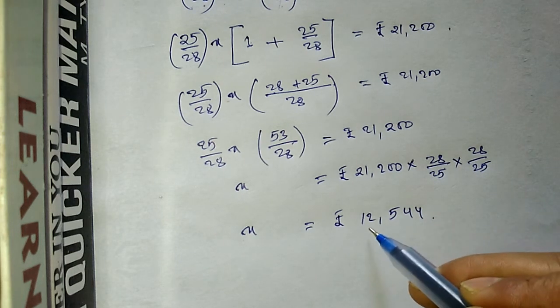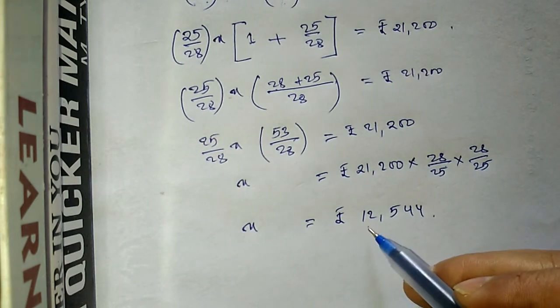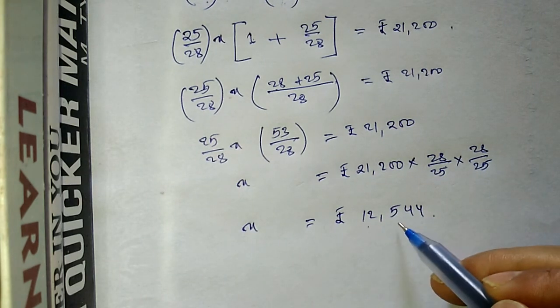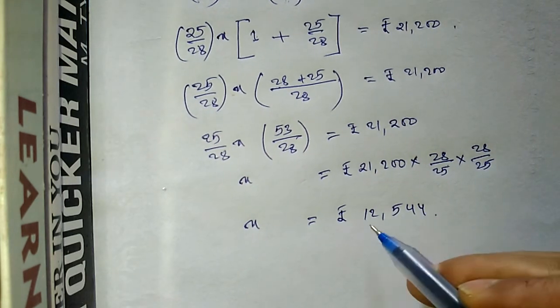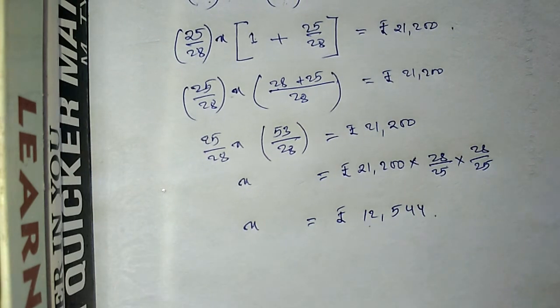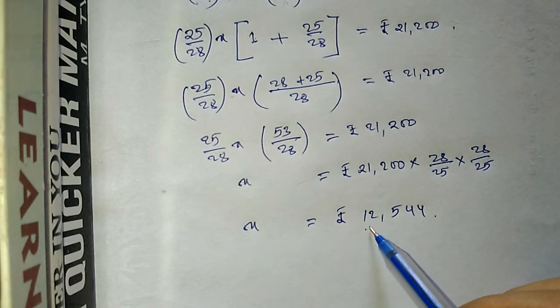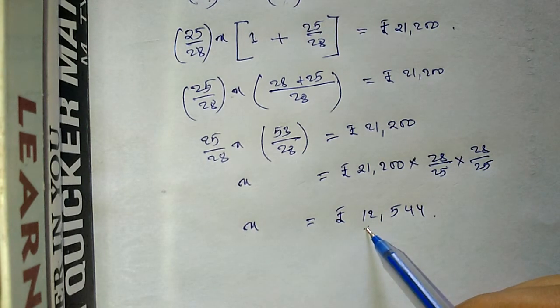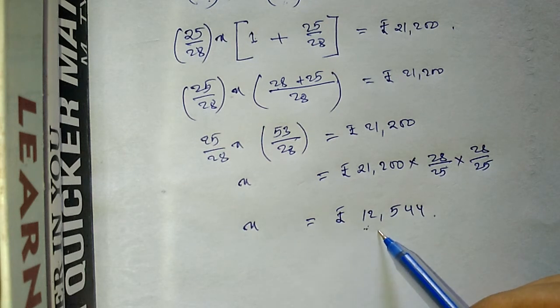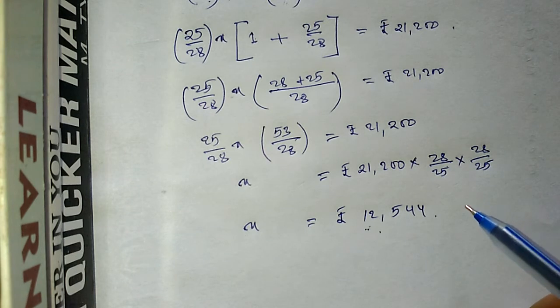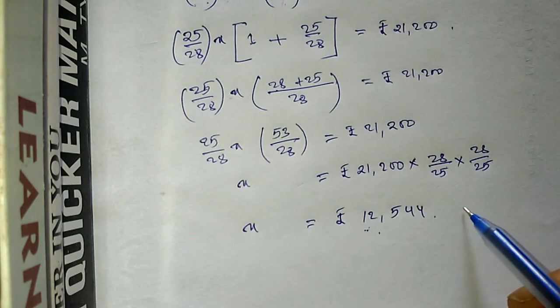If you add these two, it will be more than the sum borrow, since there will be interest. This is the money which you have to pay back in 2 times.